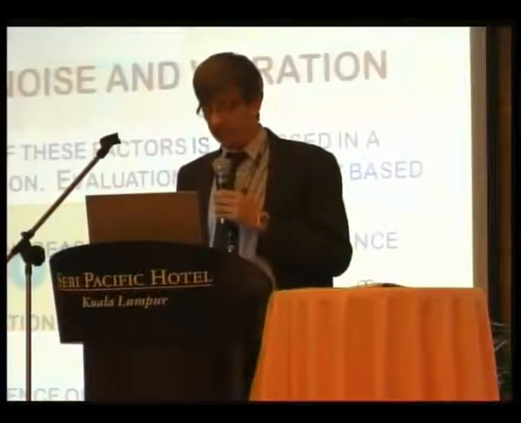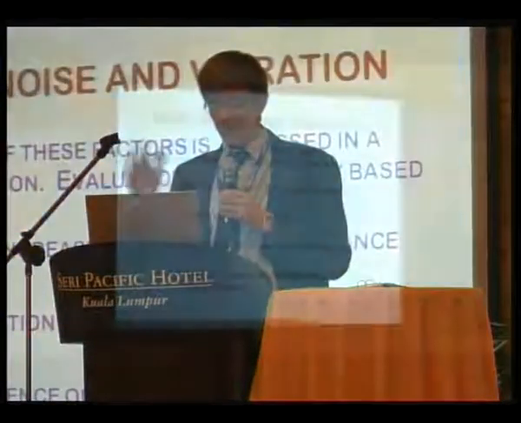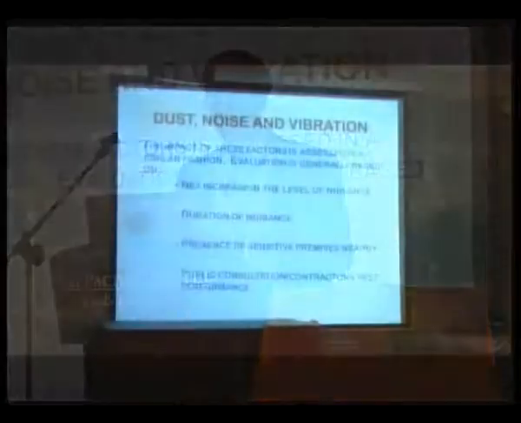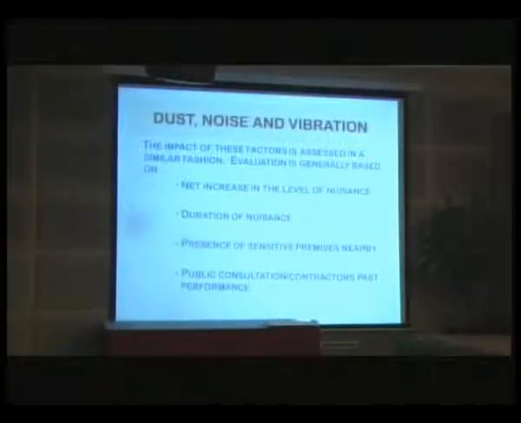Under society, if you remember that list that I showed you, there were 4 items: dust, noise, vibration, and aesthetics. And as far as dust, noise, and vibration are concerned, the impact here is generally assessed in a very similar fashion, and those are the items that we've suggested should be taken into account.